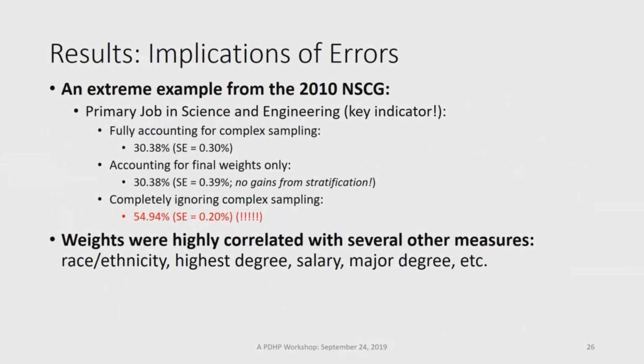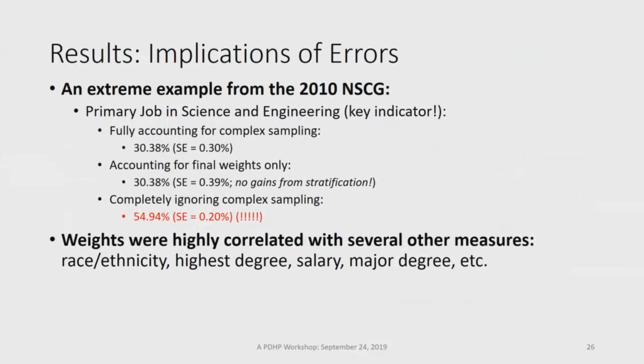So you're going to write an article that says that 55% of this population, the NSCG population, has a job in science and engineering, with that small of a standard error, even smaller than the 0.3, and be done with it? That's the shock, and we're finding that that's happening about half of the time.